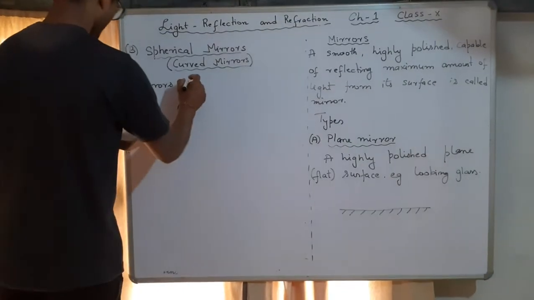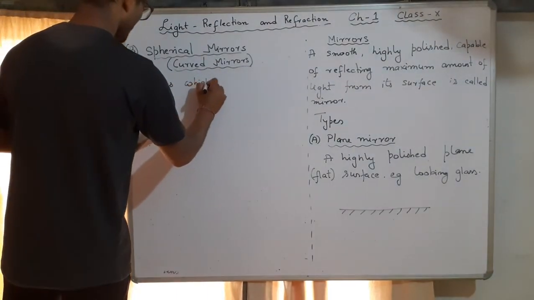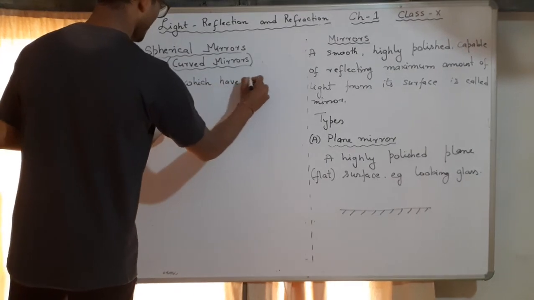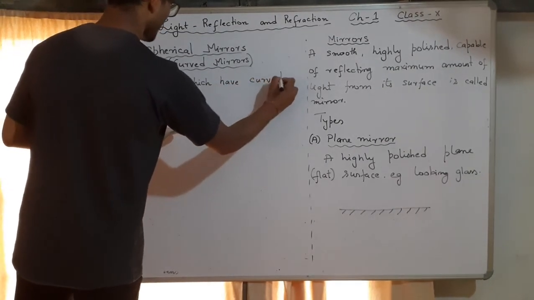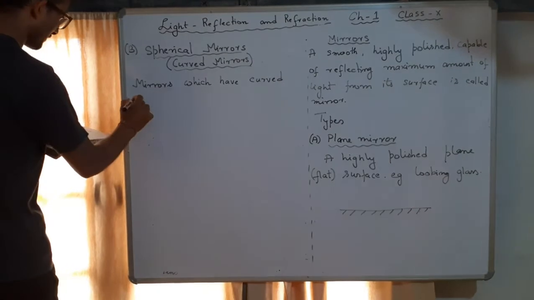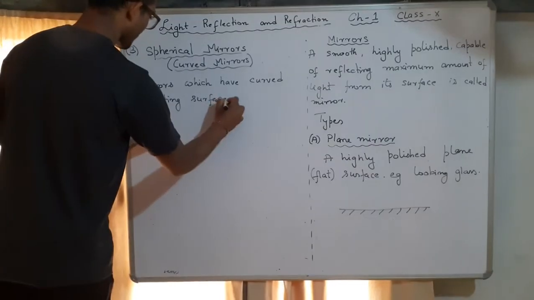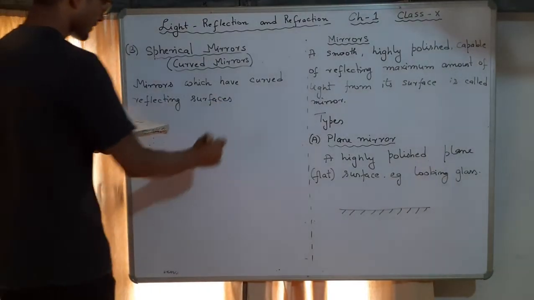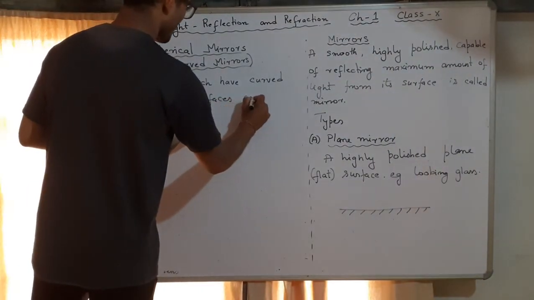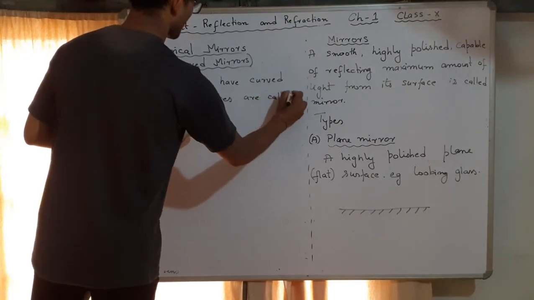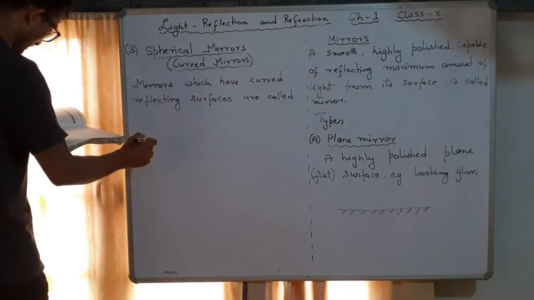Mirrors which have curved reflecting surfaces are called spherical mirror.